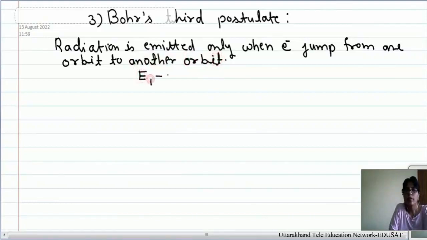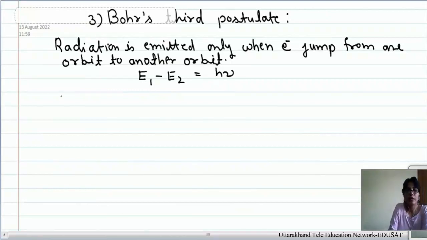So E1 minus E2 is equal to h nu. So this is the condition. When electrons jump from one orbit to another, the difference between the energies is given as the energy of the photon emitted, where nu is the frequency of the photon. So this can also explain the stability criteria, the neutrality of the atom, and also the spectral lines.